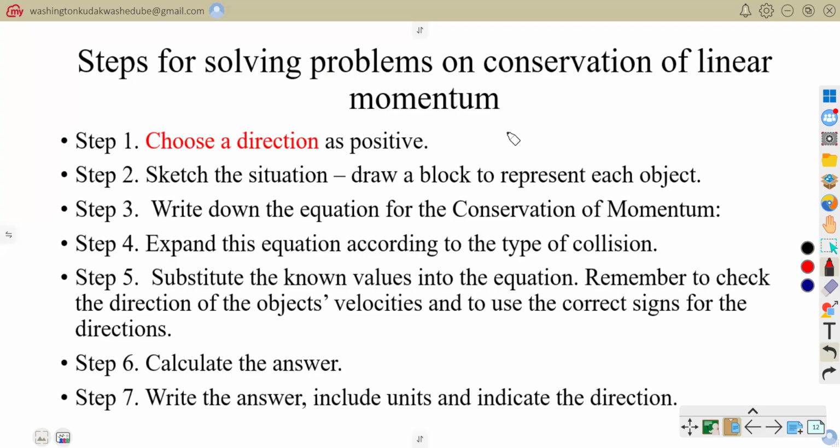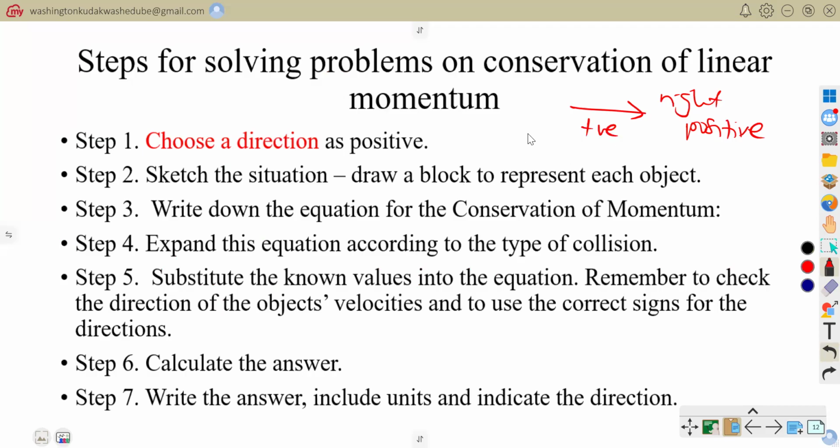So the first step is to choose a direction that you term positive. For example, if you say let going to the right be positive, then you should maintain going to the right to be positive.